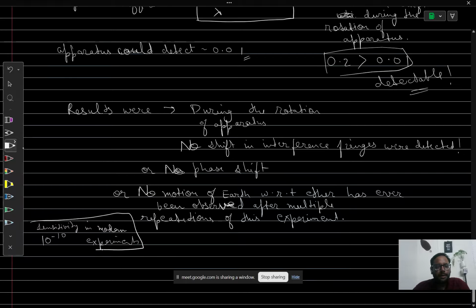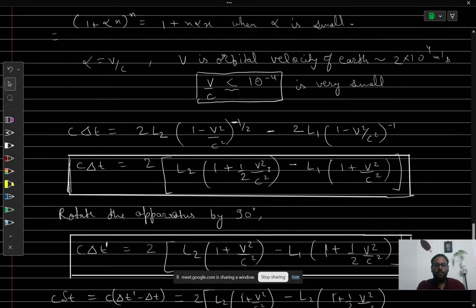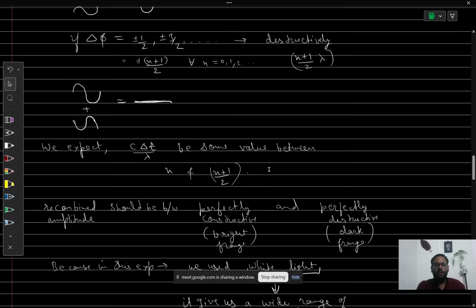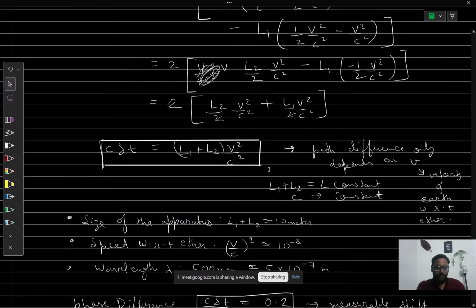So it has never been detected. So this is a great implication in formulating Einstein's theory of relativity. I will talk more about this result.